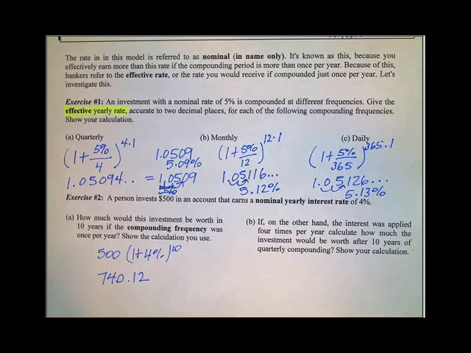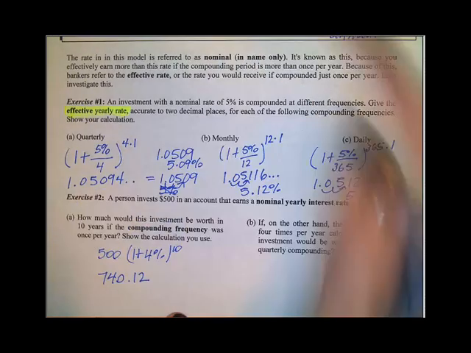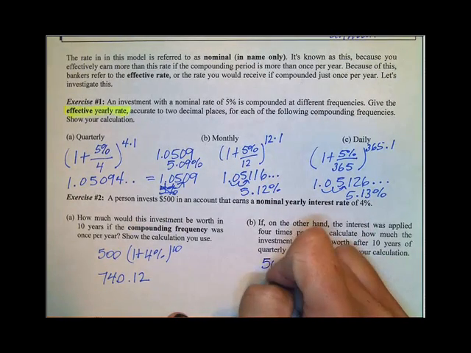So part B, if on the other hand the interest was applied 4 times per year, calculate how much the investment would be worth after 10 years of quarterly compounding. Show your calculations. So again, we have a different formula. We're using the one at the top of the paper because we're compounding more than once a year.